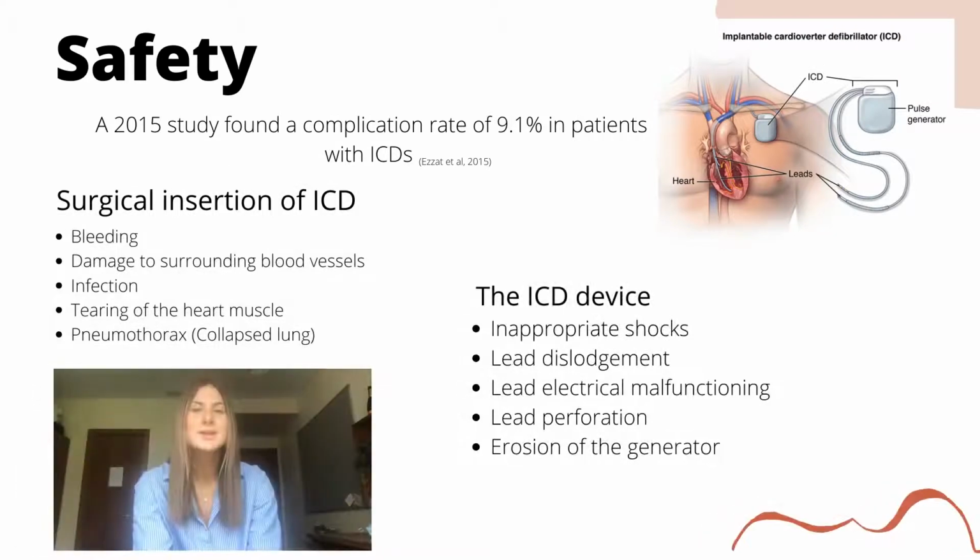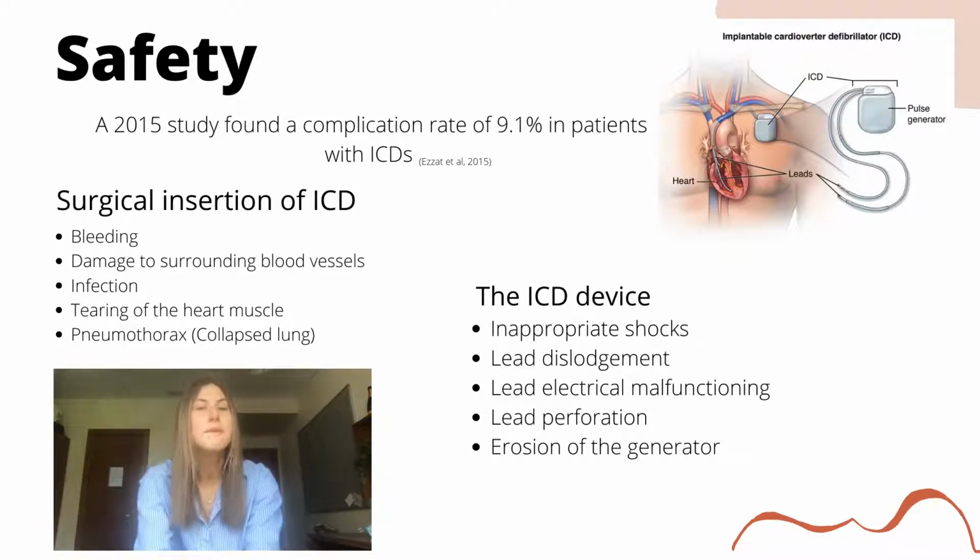A 2015 study found ICDs to have a complication rate of around 9.1%. There are safety risks that exist during the surgery, as well as complications specific to the ICD device, which require surgical correction. Lead dislodgement refers to a change in the position of the leads within the heart.